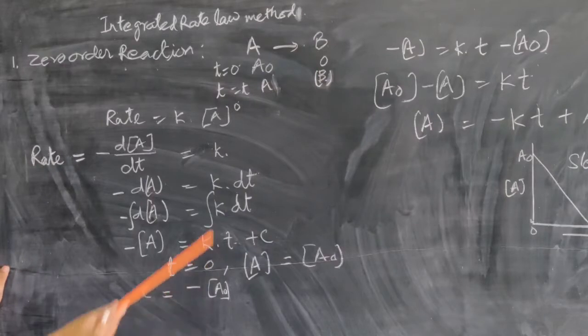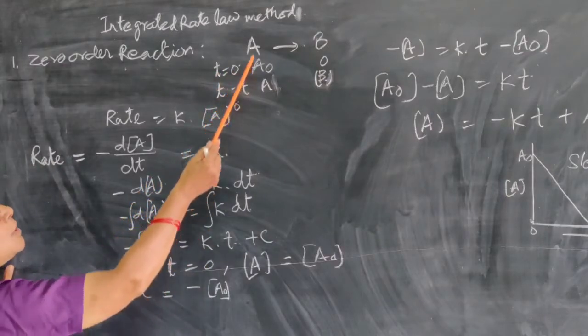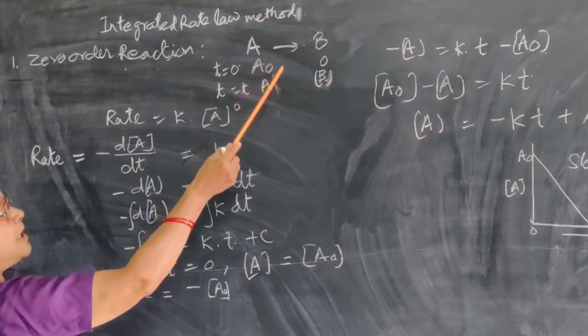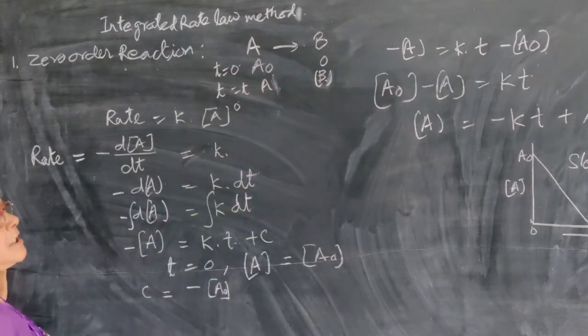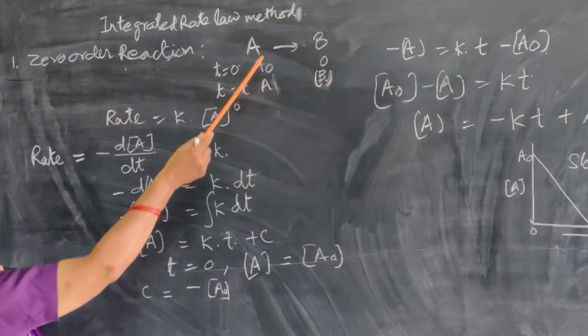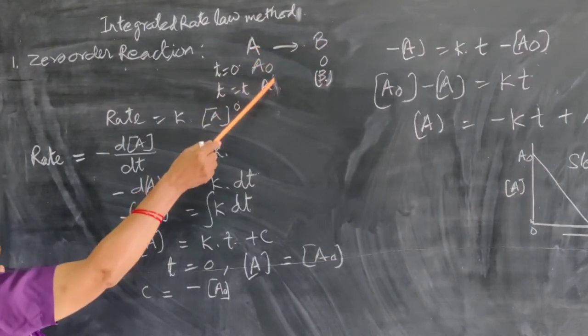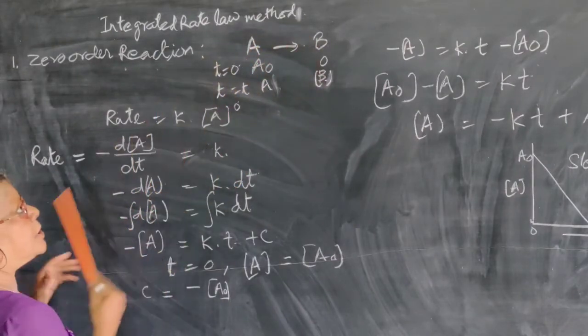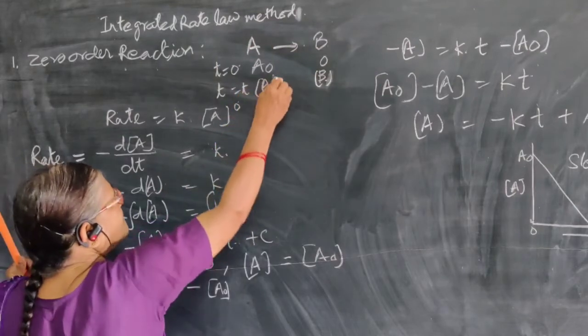Now after time t, the concentration of A will become A and the concentration of B will become B.